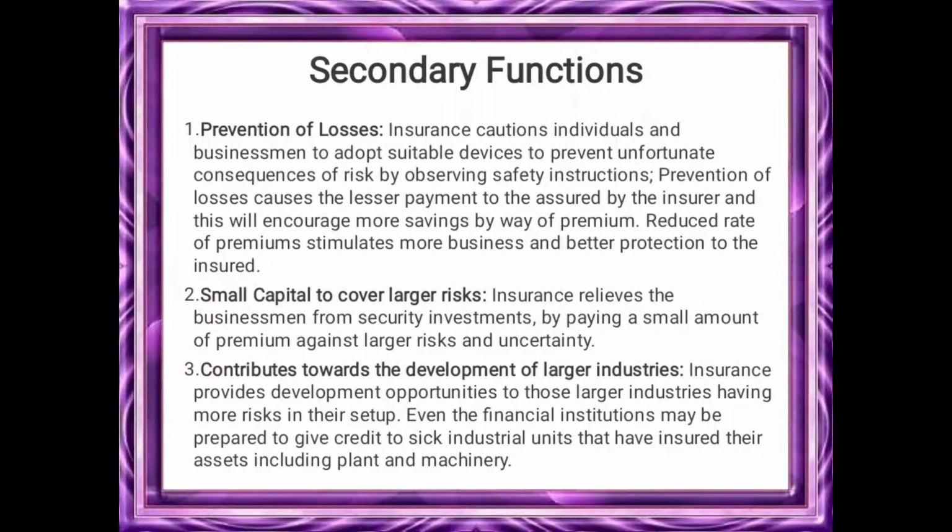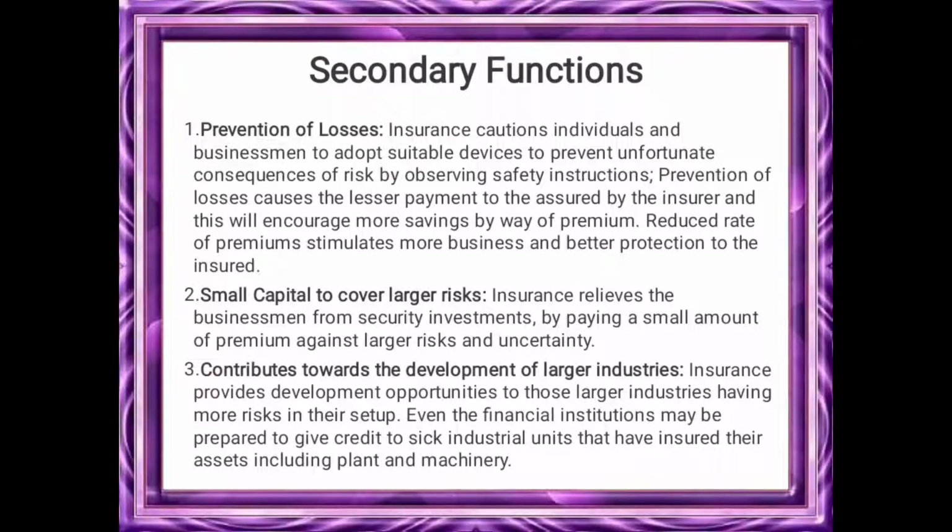So the first one is prevention of losses. The target of insurance is also to prevent losses. How, we'll see. First let's look at the explanation. Insurance cautions individuals and businessmen to adopt suitable devices to prevent unfortunate consequences of risk by observing safety instructions.